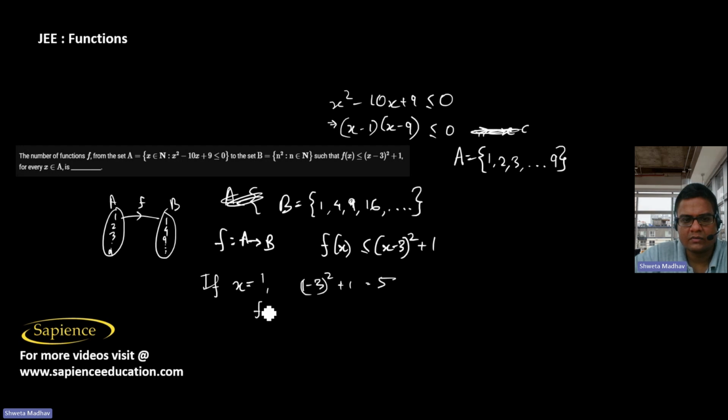So f of 1 should be less than or equal to 5. Therefore f of 1 has two options, 1 or 4. Similarly, for x equal to 2, it will be (2 minus 3) whole square plus 1, so that will be 1 square plus 1, that is 2. So f of 2 should be less than or equal to 2, so it has only one option, that is 1.